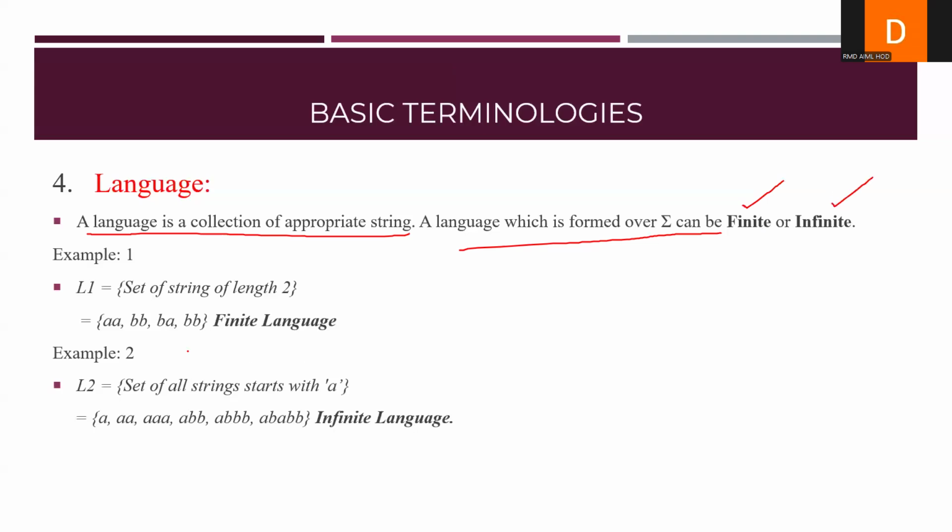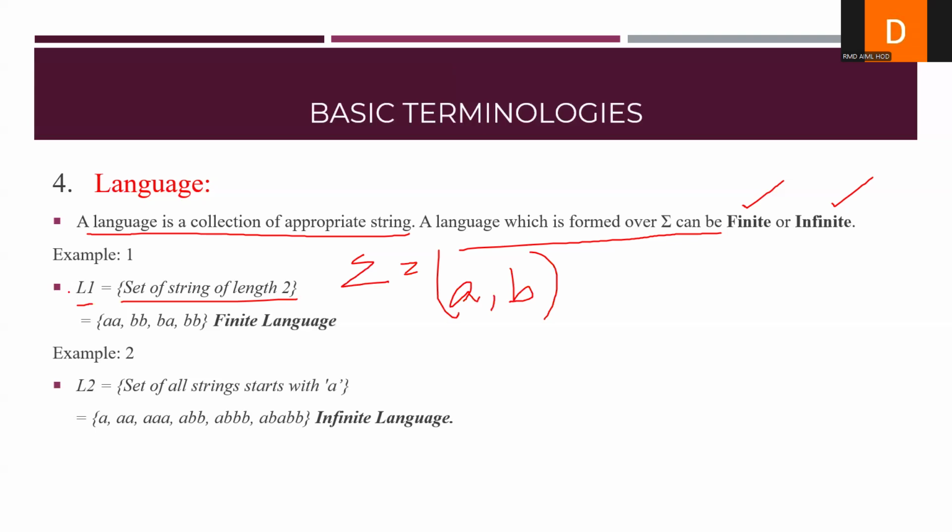Now let's see an example. Say my language L1 is the set of all strings of length 2. That means we form only strings of length 2, and my sigma here is {a, b}. So over the alphabet sigma equal to {a, b}, I want to form strings of length 2, and that is going to be my language.